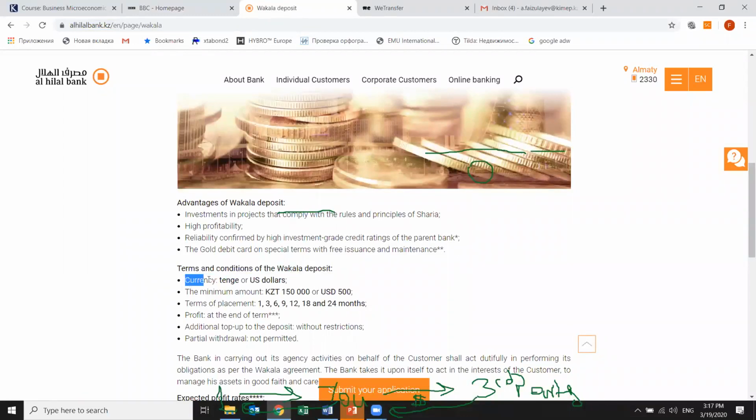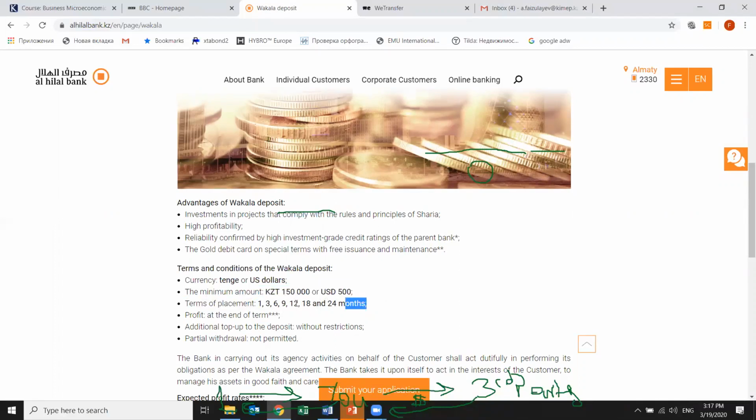They say the currency should be tenge or US dollar, nothing more. So it cannot be in euro, it cannot be British pound. The minimum amount of Wakala should be 150,000 tenge or 500 USD in terms of dollar. And the term of placement should be from 1 to 24 months.